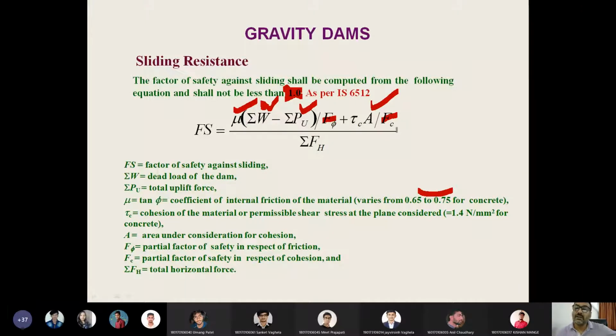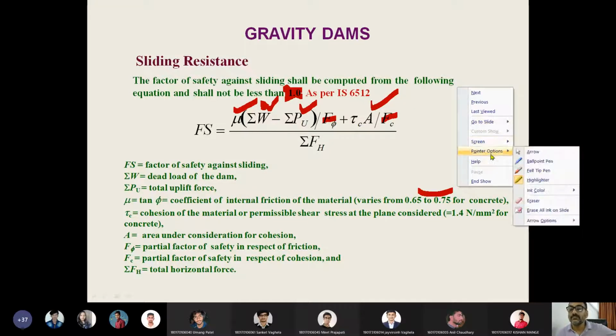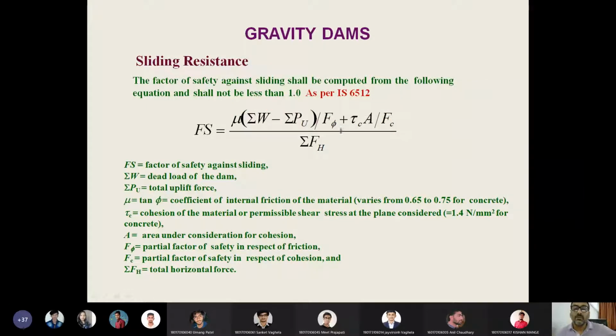What we look at is that this factor of safety for sliding has two parts. One is this and the second is this. Clearly, this is for friction and this is for cohesion, and it is divided by the horizontal forces, because these are detrimental forces.